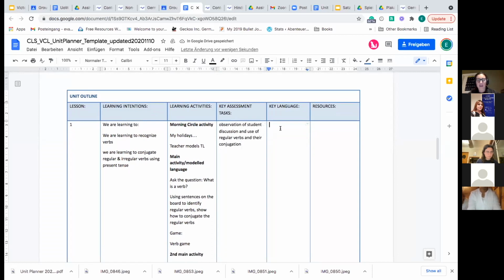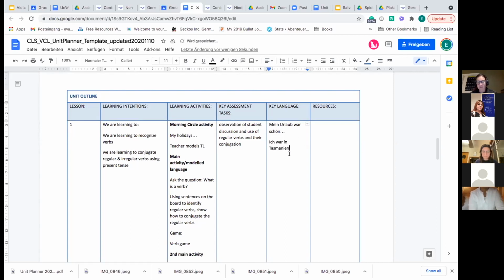Then I would put in the key language we will be using. So that could be: Mein Urlaub war schön, which means my holiday was nice. Ich war in Tasmanien.